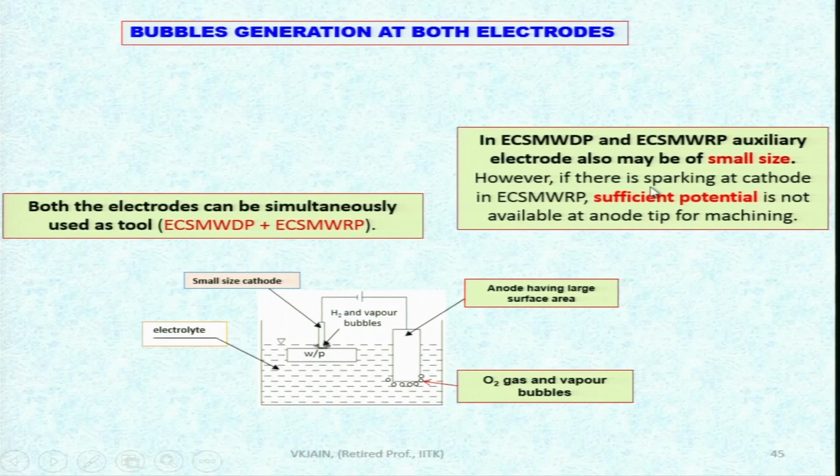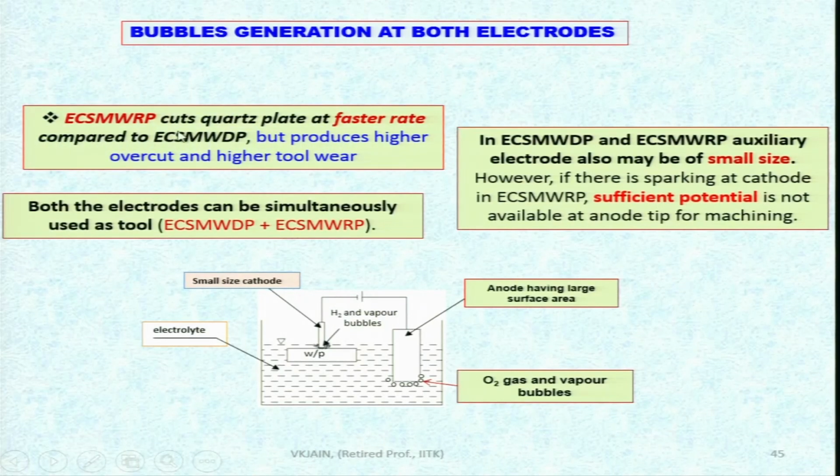However, if there is sparking at the cathode in reverse polarity, sufficient potential is not available at the anode tip for machining. That means if sparking is taking place here, sparking will not take place there, and vice versa.